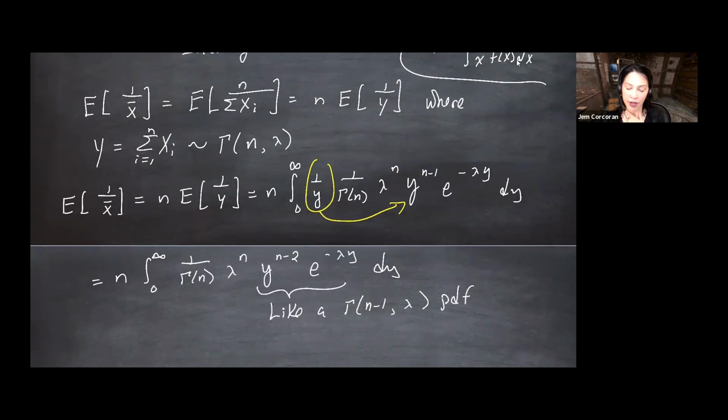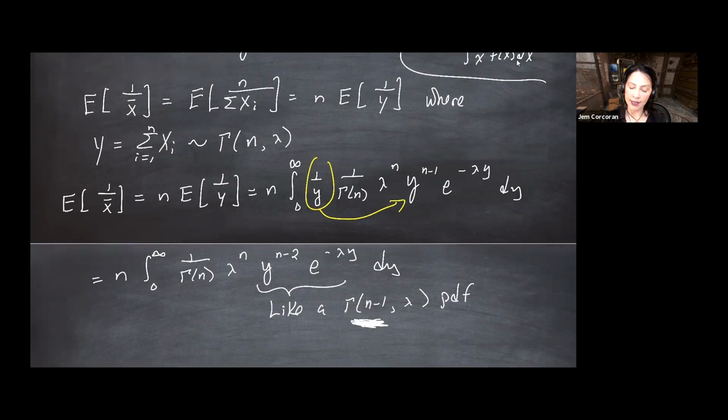Usually for the alpha for the gamma, we see x to the alpha minus 1. And this is only going to make sense if n is greater than or equal to 2. So that is a restriction I should have put at the beginning of the problem. If n is not greater than or equal to 2, this whole thing is just going to blow up. This expectation is infinite.